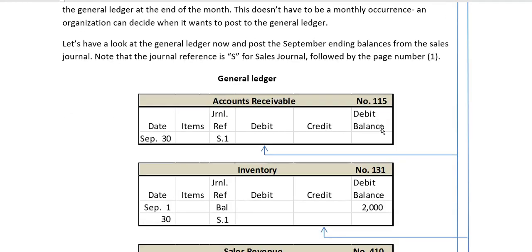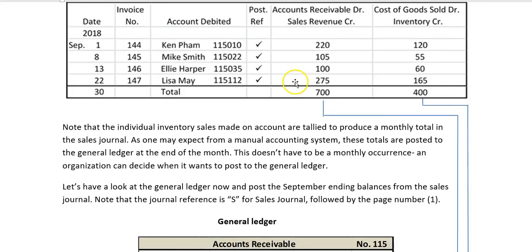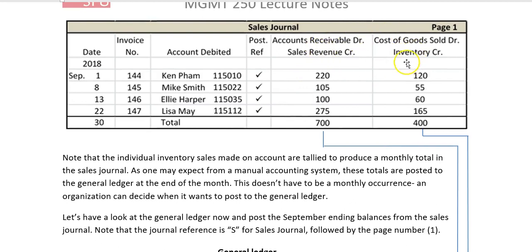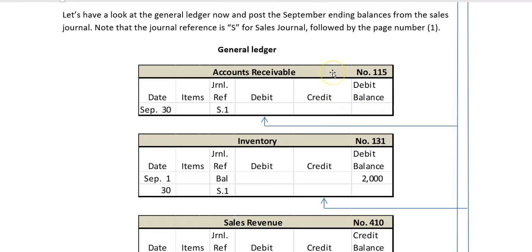So I'm going to scroll down here so you can see how the general ledger looks. We have these boxes, and each one of these boxes comes from the journal entries up here. So 4 accounts used for 2 journal entries, 4 boxes. The way this works is the posting is done at the end of the month.